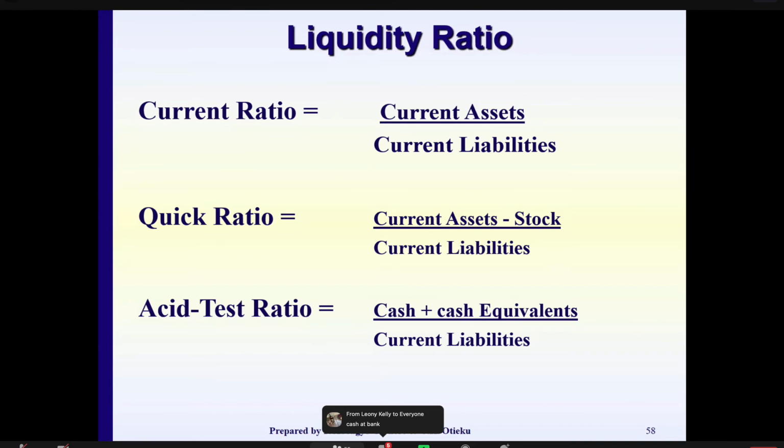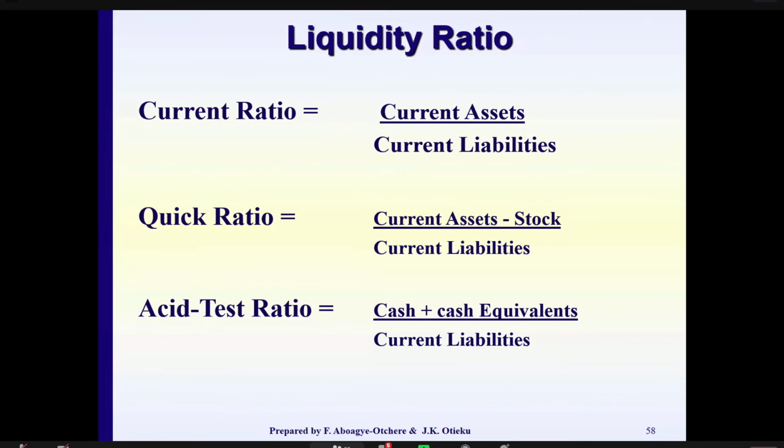So when we look at quick ratio, remember that we are taking out inventory or stock. And I've explained to you the challenges that we have with stock, because of the liquidity and valuation. So if we take stock or inventory out of current assets and look at how it covers current liabilities, then we are looking at quick ratio.